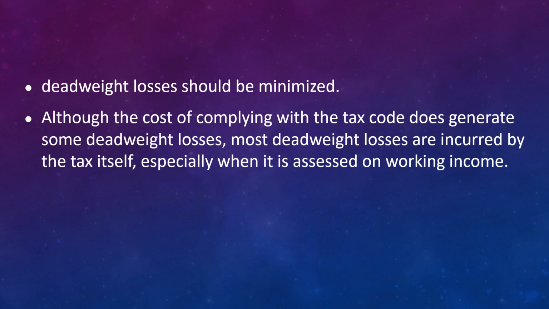Okay. Then the next main motive of the government is to reduce deadweight loss. What is deadweight loss? Whenever the government goes for taxes, a rise in tax means that will be reducing consumer surplus. That will be reducing producer surplus.